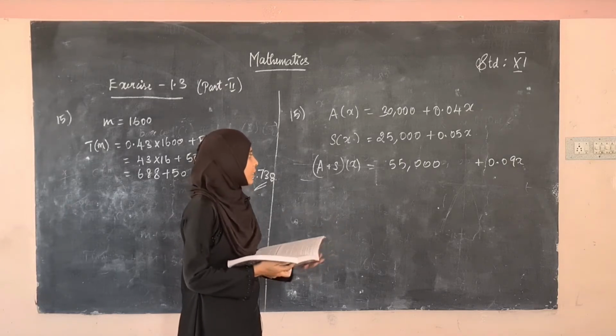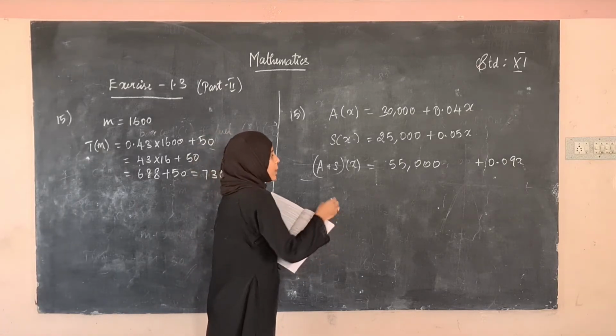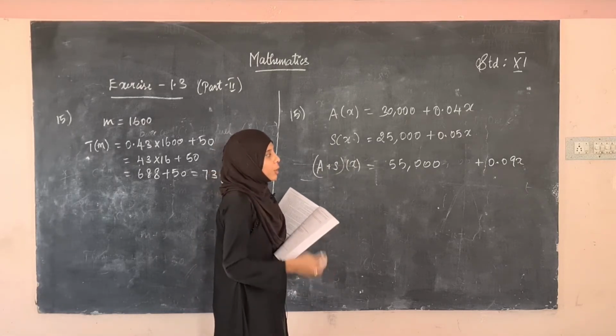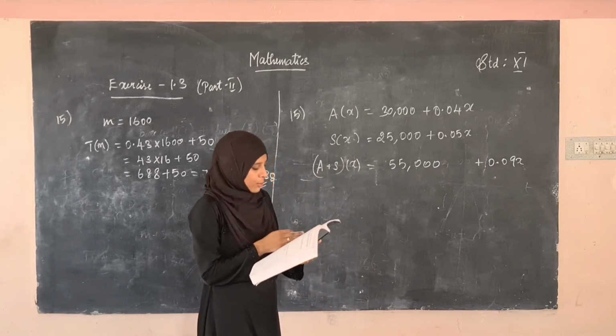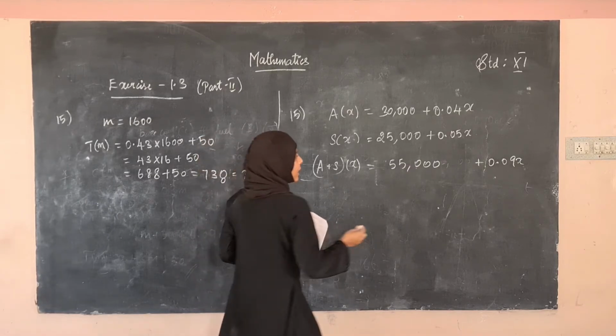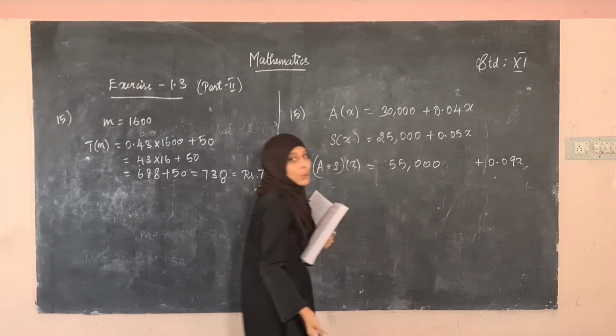Now they have asked us another question. We have to determine the total earnings of the whole family if they sell the merchandise for rupees 1 crore 50 lakh. That is, instead of x you have to substitute 1 crore 50 lakhs.